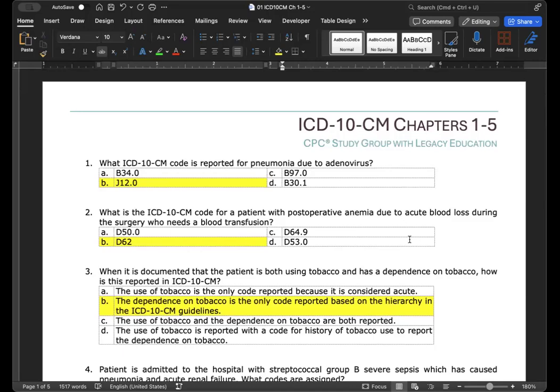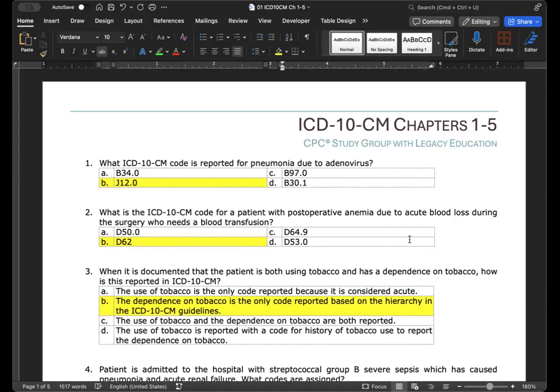In CPT, we need to know that if you are removing your thyroid gland, we might have to look up thyroidectomy. If they just say removal of the thyroid gland and there's not an option in the index for removal and then thyroid, then you have to know that it's a thyroidectomy. Or your code description is going to say thyroidectomy.